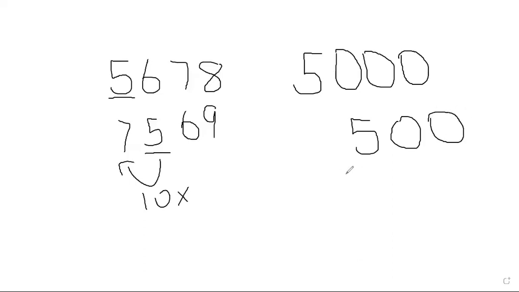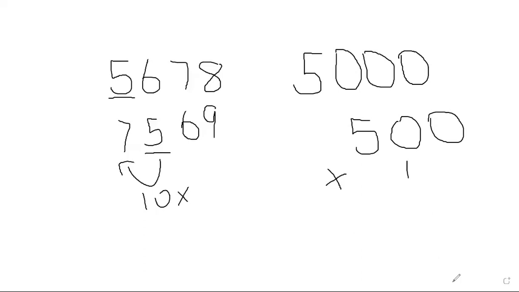Now I'm going to multiply my 500 by a multiple of 10, which would be 10, 100, 1,000. In the fourth grade, when we're doing times as great, times as many, times larger, our answer can only be 10, 100, or 1,000. So I'm going to try 10 first.